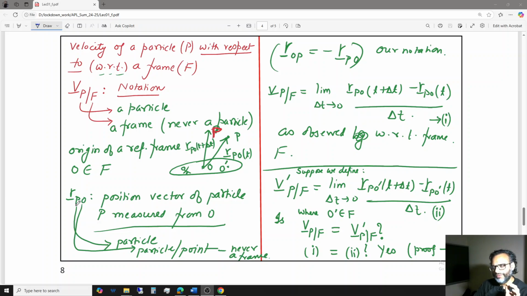First character is of the particle or the point of which you are measuring the location, and the second character represents the point of reference from where this vector is drawn. It has to be like that all the time. Now mind you, following our own notation, ROP will become simply minus RPO, completely consistent. There will be a minus sign. ROP is not equal to RPO.